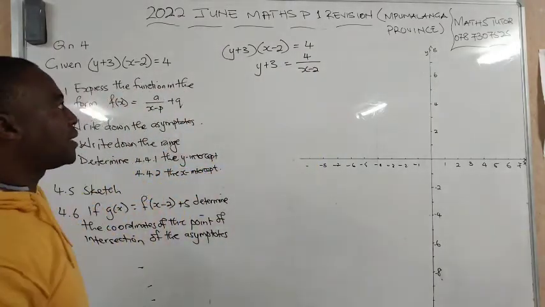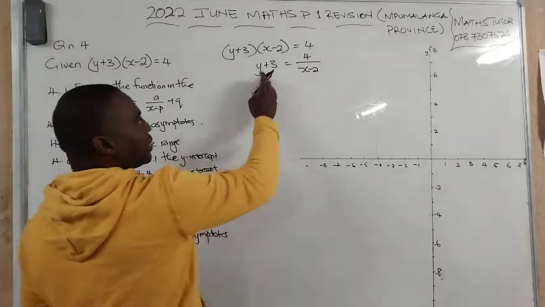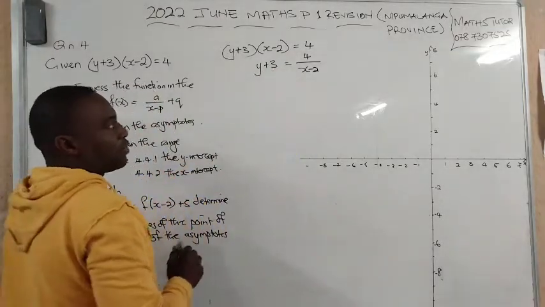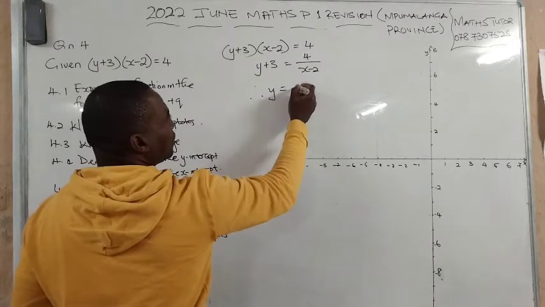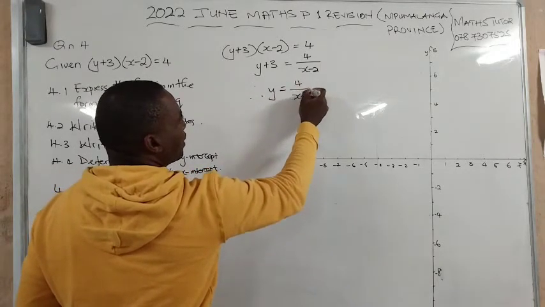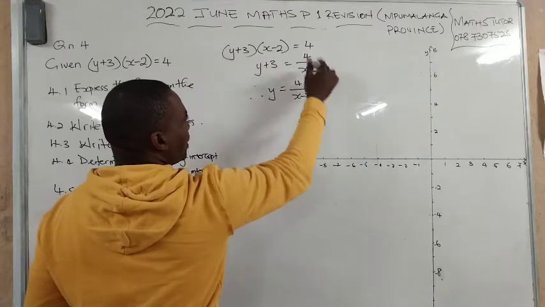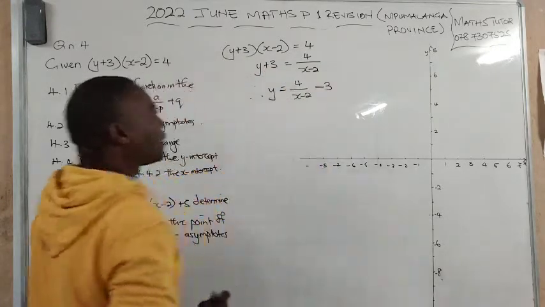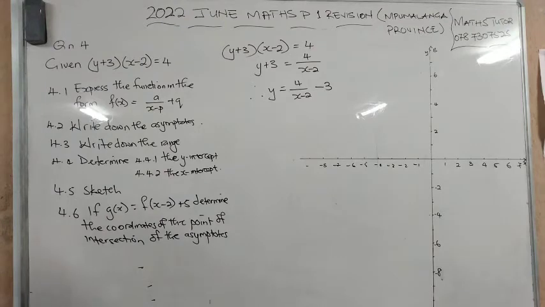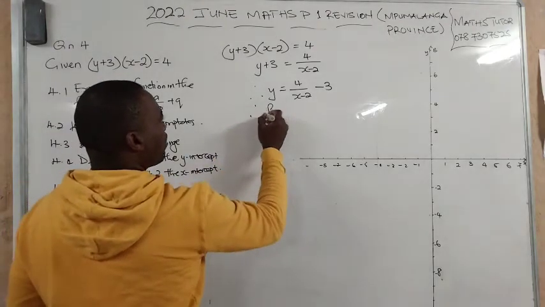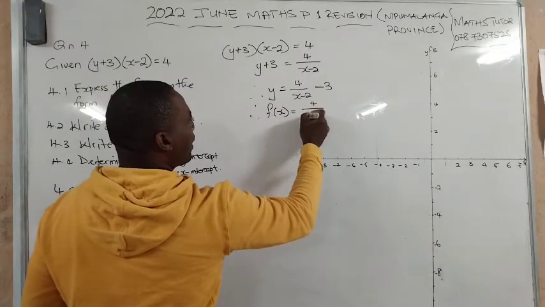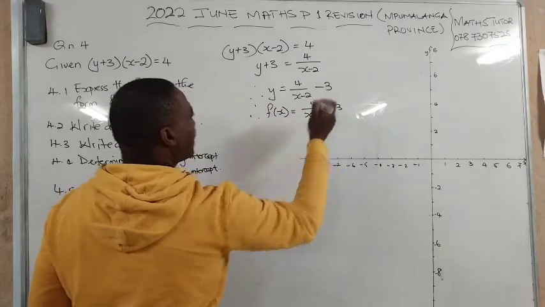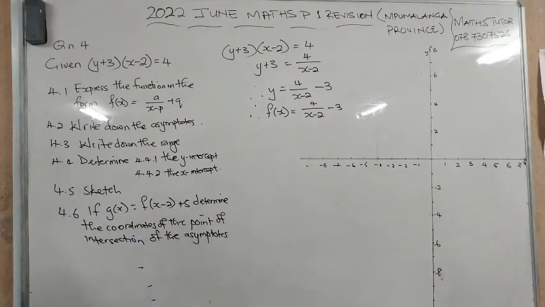And then what is left is just to make y the subject by subtracting 3 from both sides. So therefore y is equal to 4 over x minus 2, positive 3 becomes negative 3 on the other side. So our f of x will be equal to 4 over x minus 2 minus 3. That is how we treat 4.1.